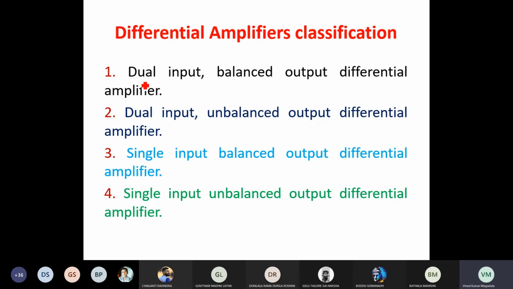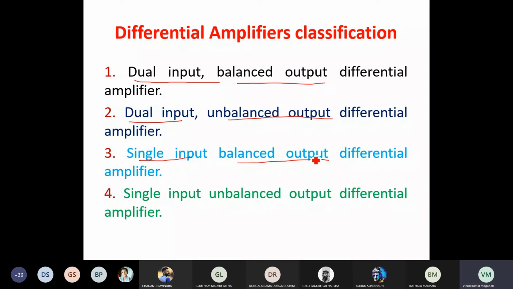The first configuration is dual input, balanced output. Second case, you may apply both the inputs, but take output only at one collector, and it is dual input, unbalanced output. And third case, you can apply only single input at one of the bases, but you may take output from both the collectors.